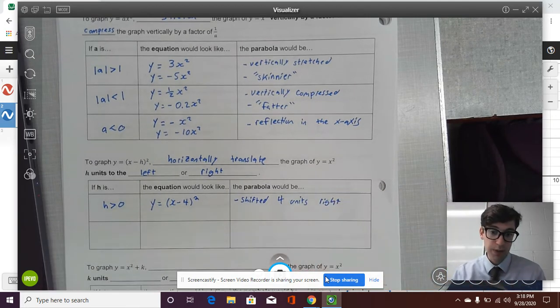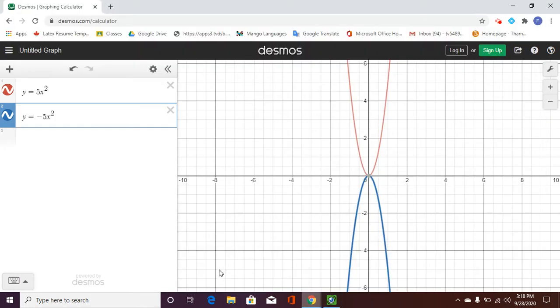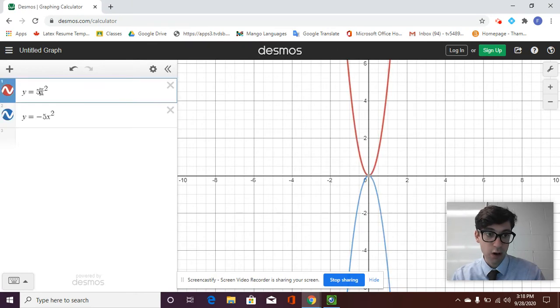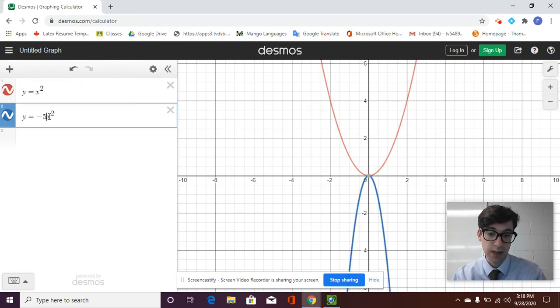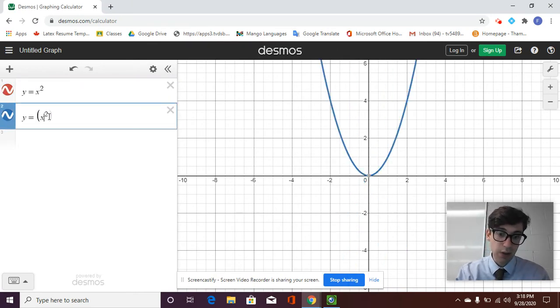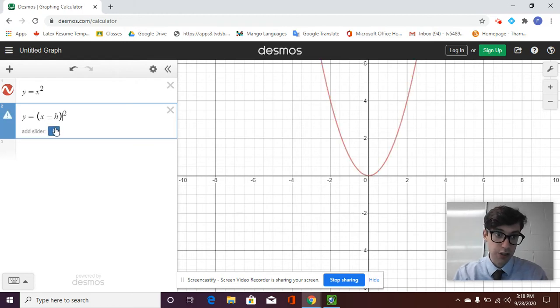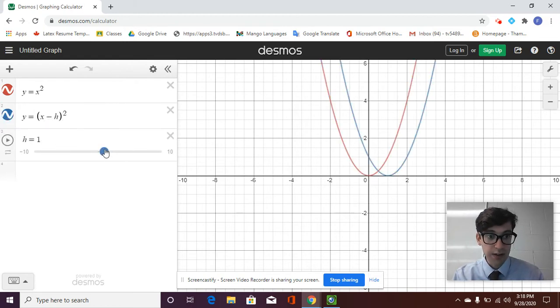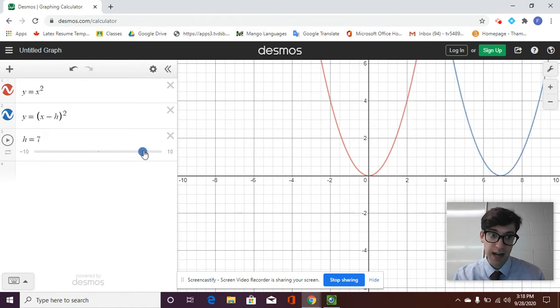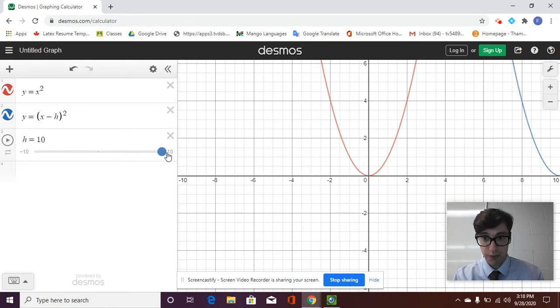I'll show you what I mean. You may want to play around with some of these on Desmos yourself. We're always comparing to that base parabola, y equals x squared. Now, what happens when I change h? If h is positive, and in our example h is 4, that parabola is moved 4 to the right. So for any positive h, like h minus 5 or h minus 10, it's moving to the right.